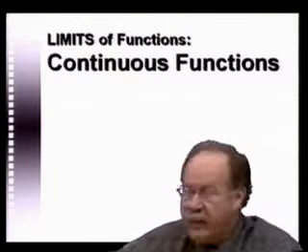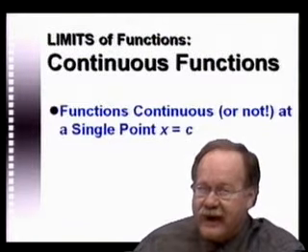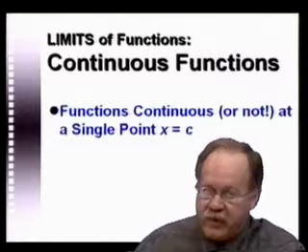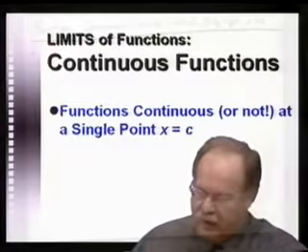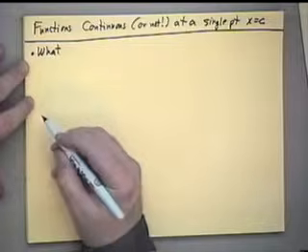And we'll start out with the very beginning definition, functions continuous or not at a single point, which we'll call C for the moment. All right, let us state the question that we're interested in answering here.